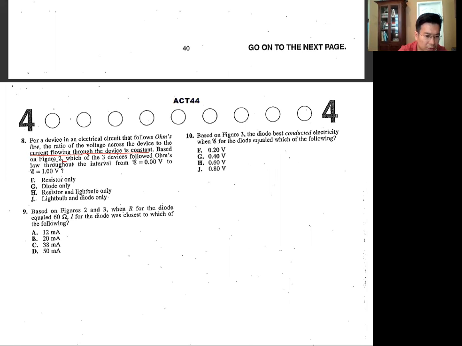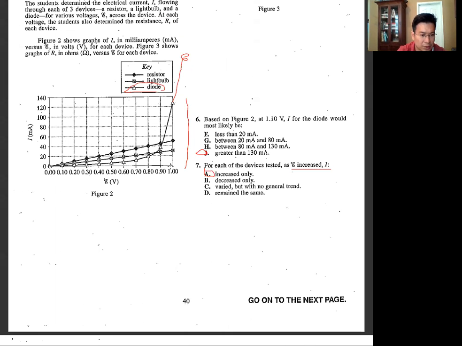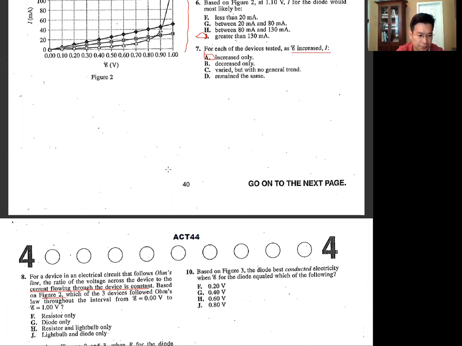Based on Figure 2, which of the three devices follow Ohm's law? So the voltage V over I has to be constant, the same number.